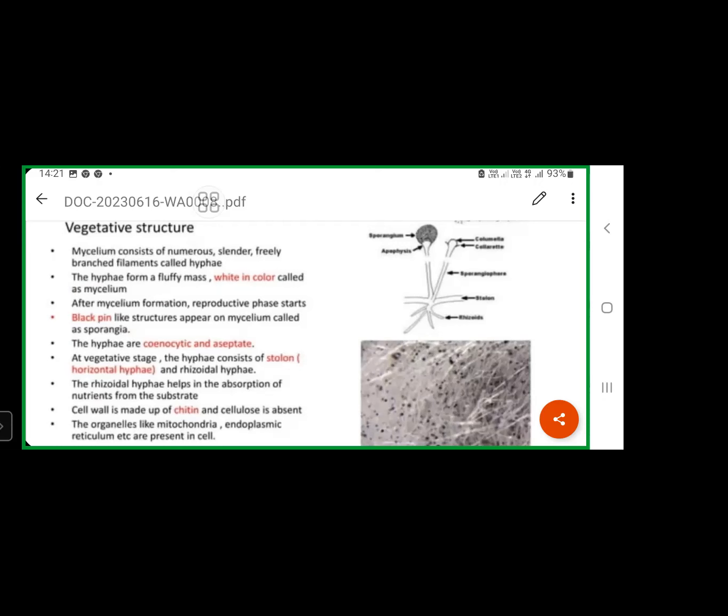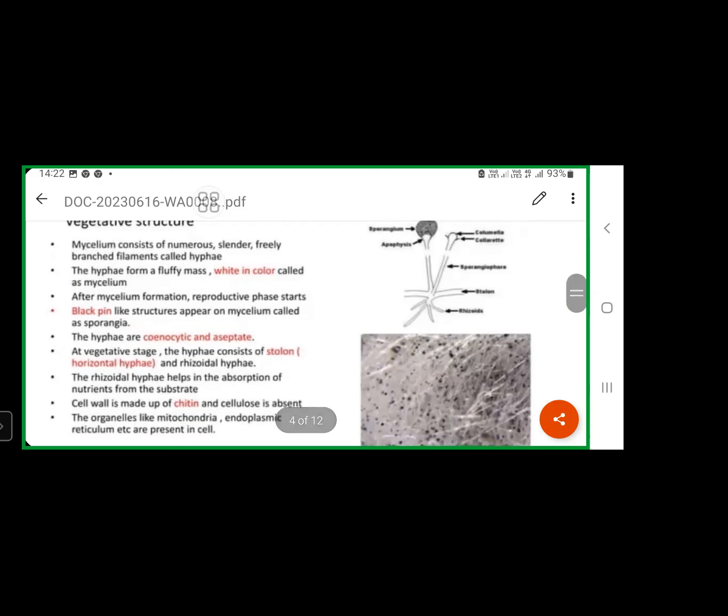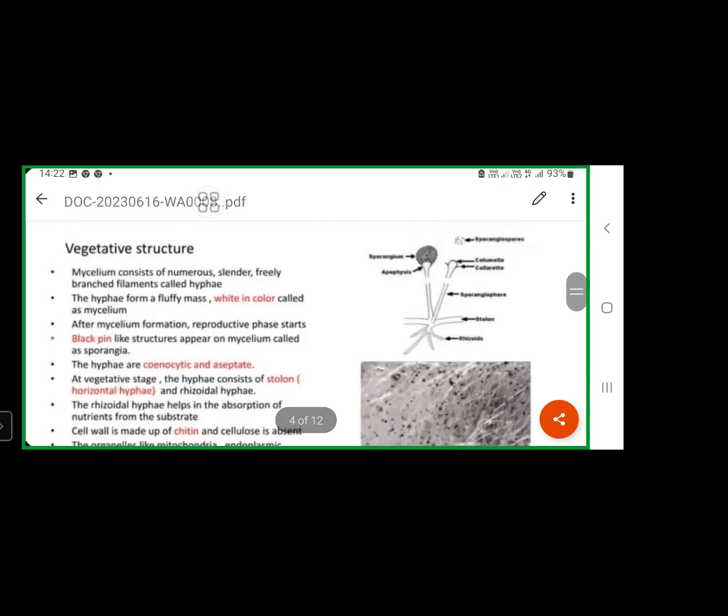Now we will discuss the vegetative morphology of the Mucor fungus. Actually, this Mucor belongs to the Zygomycotina subdivision. Here, the plant body is in the form of thallus. So, thallus means here the plant body is in the form of mycelium.